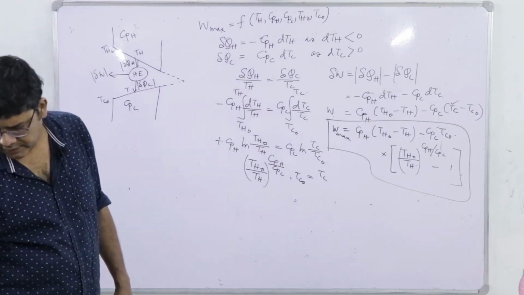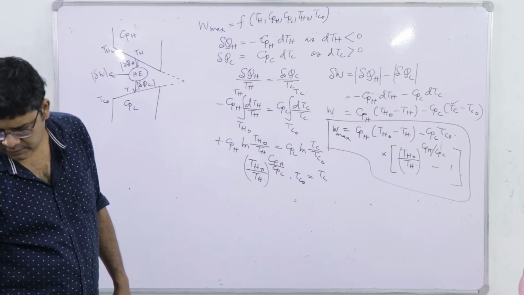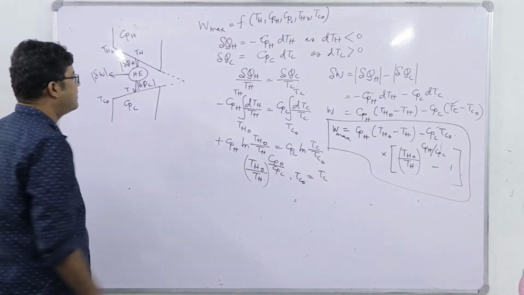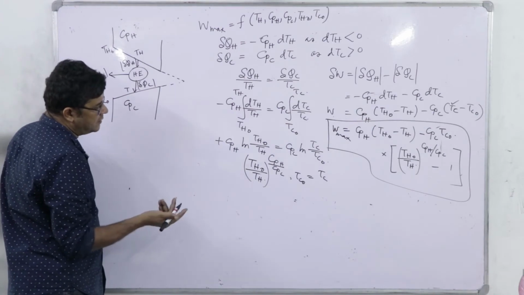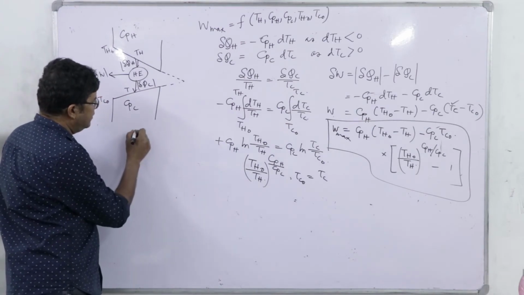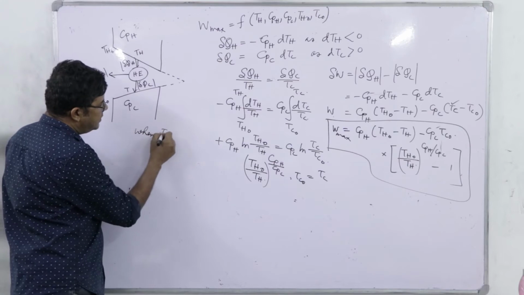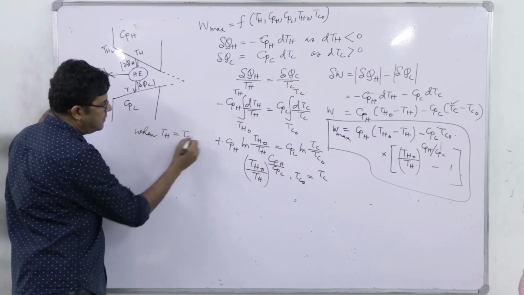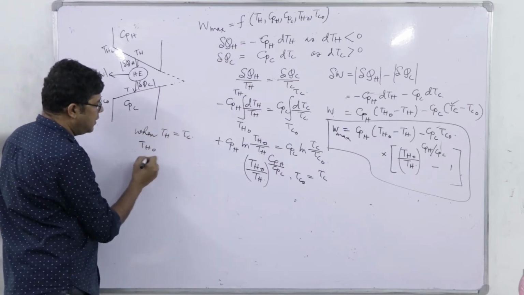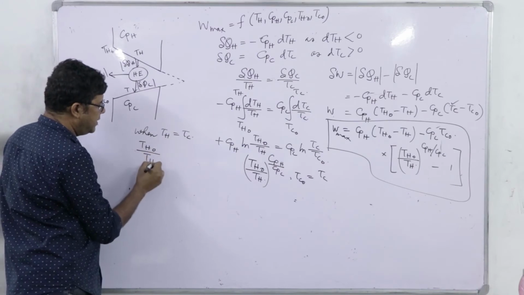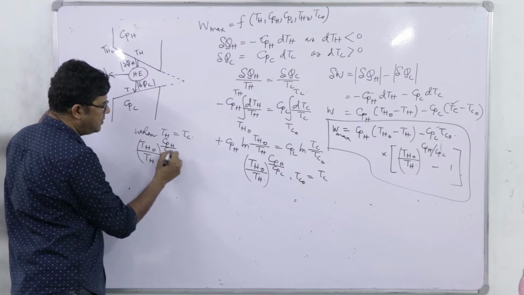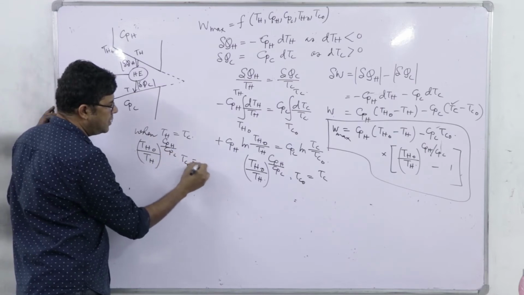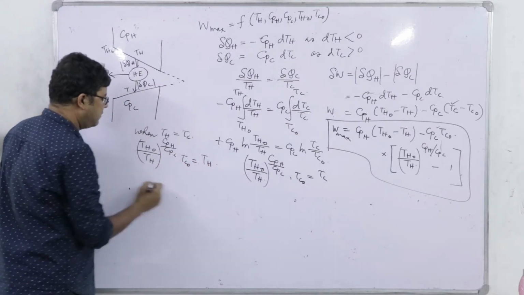Next, what is the lowest possible TH consistent with the solution of equation 8? See, we have used Carnot cycle, so obviously the lowest possible TH is when TH is equal to TC. So, (TH naught divided by TH) to the power CPH by CPC into TC naught equals TH itself.